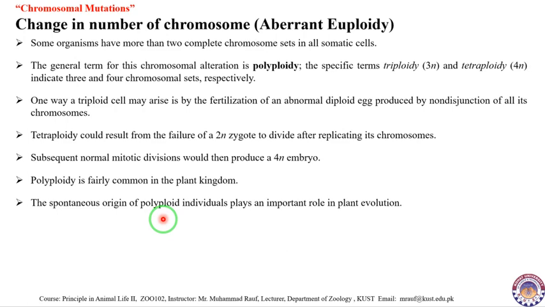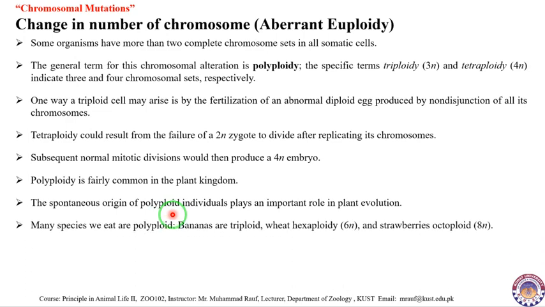It requires hundreds of thousands of years, but polyploidy is a phenomenon in plants where a new species can evolve within 1 generation or within 2 generations. Amazing.